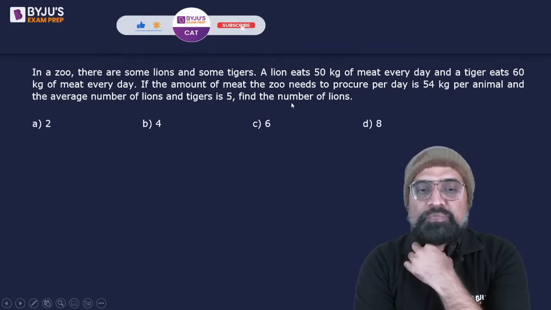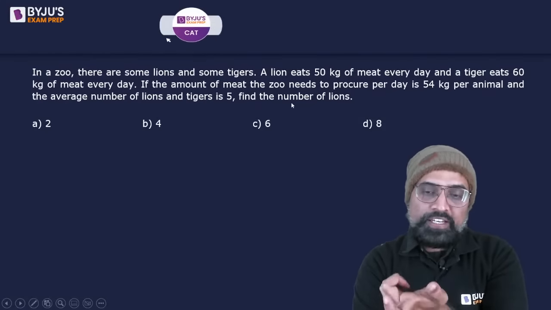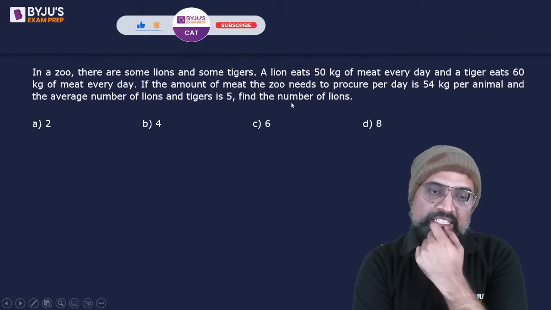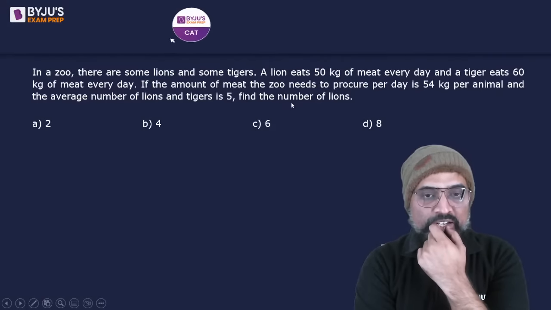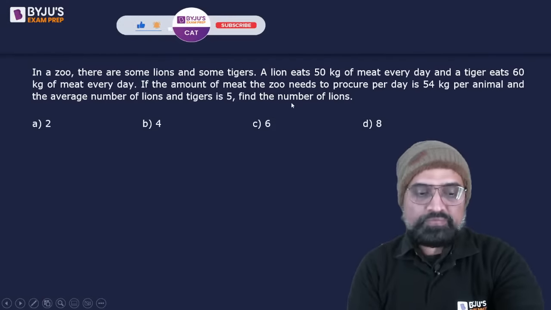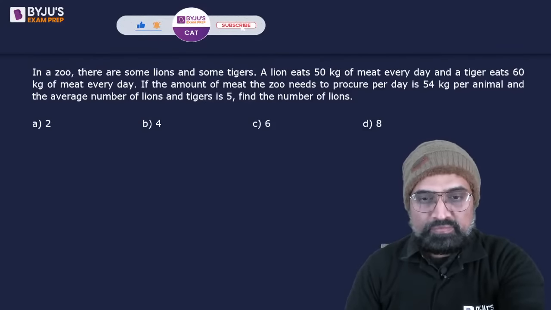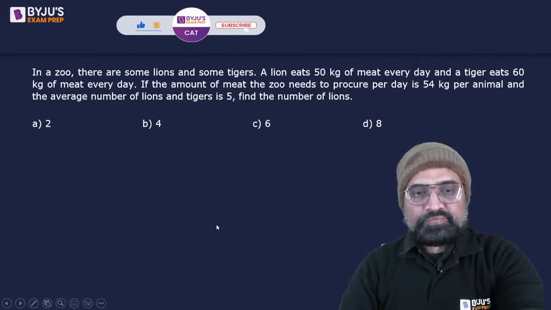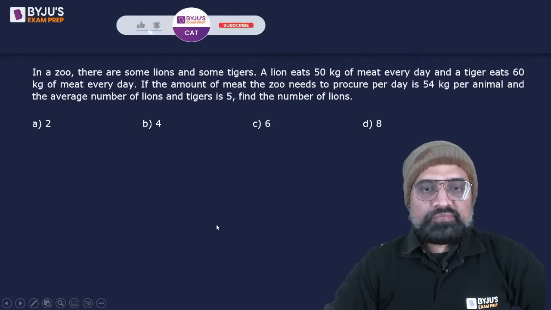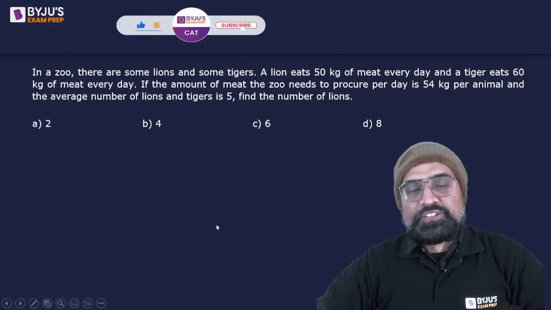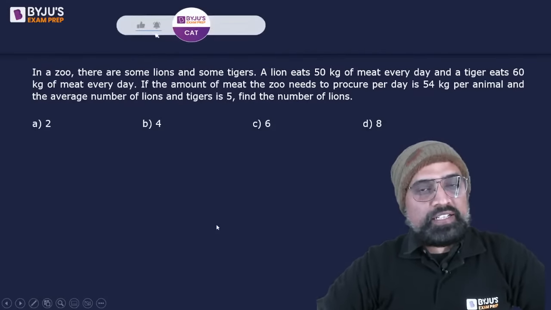If the amount of meat the zoo needs to procure per day is 54 kg per animal and the average number of lions and tigers is 5, then find the number of lions. Okay, good. Average number of lions and tigers is 5.